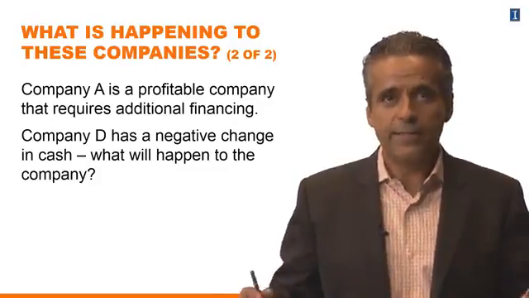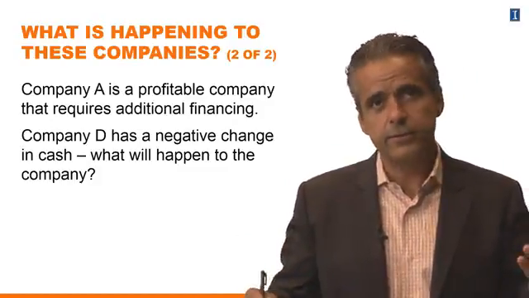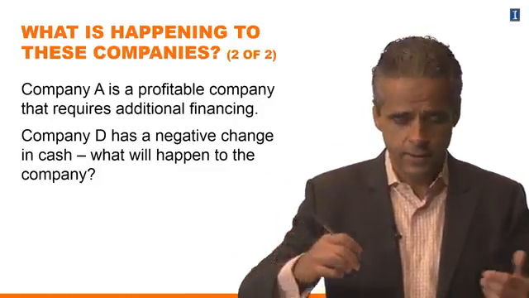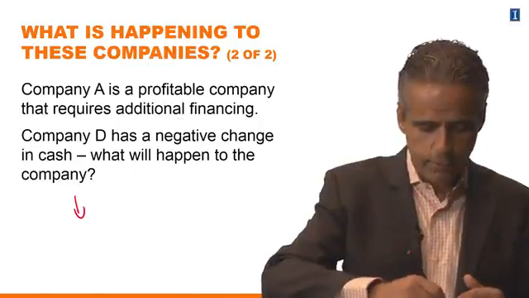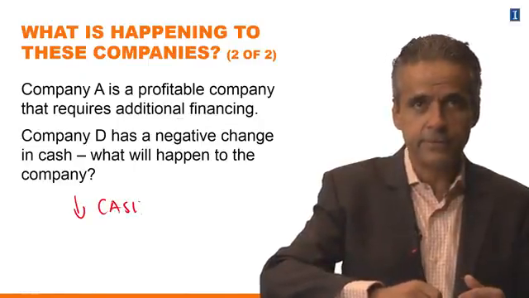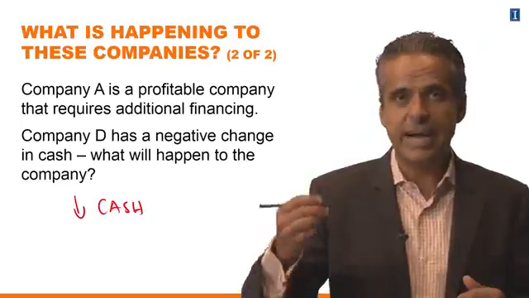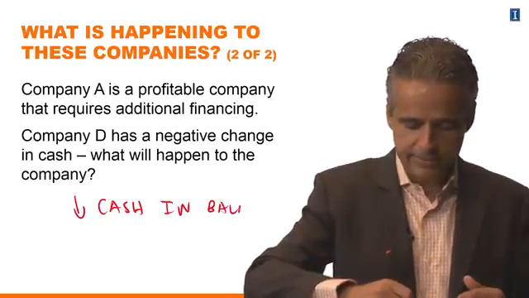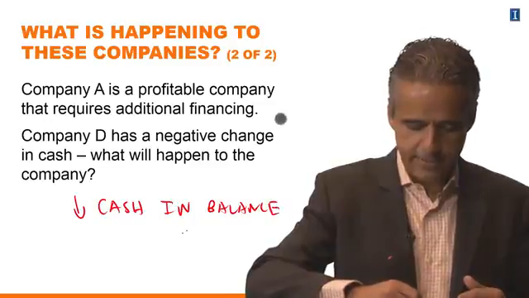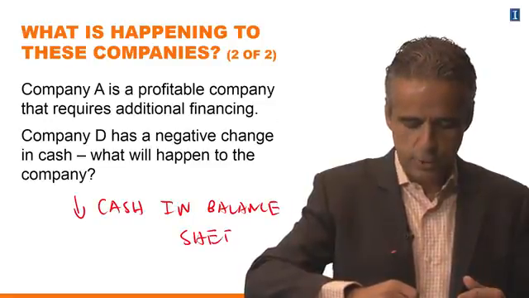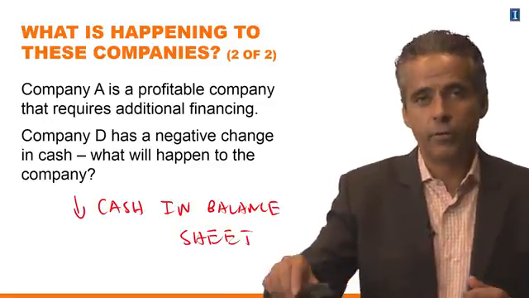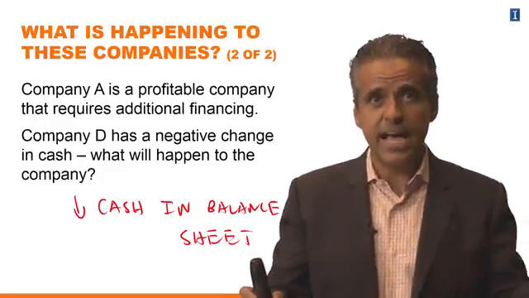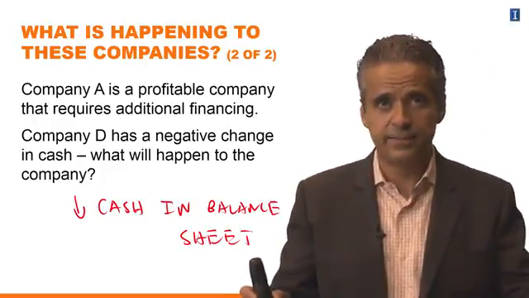Think about that. Not necessarily. So cash went down for that year. What will happen is that there will be a reduction in the amount of cash that the company has on the balance sheet. So this company should be able to use its cash on the balance sheet to finance this.